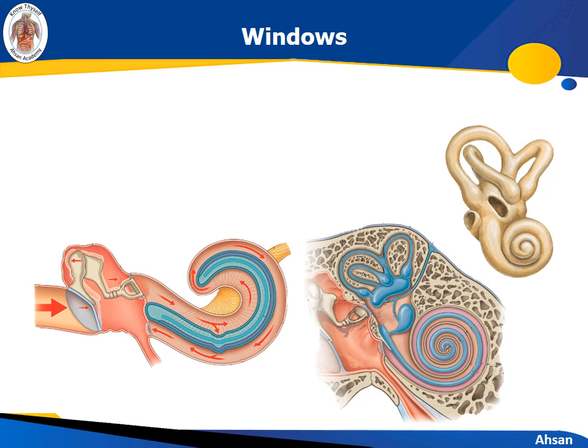So we have diagrammatically shown the pathway of reception. The large arrow on the left side shows the sound wave striking the tympanic membrane, which creates a movement in the ossicles, and that is passed on to the perilymph and creates a wave in the perilymph that circulates and pushes another window covered by a membrane.